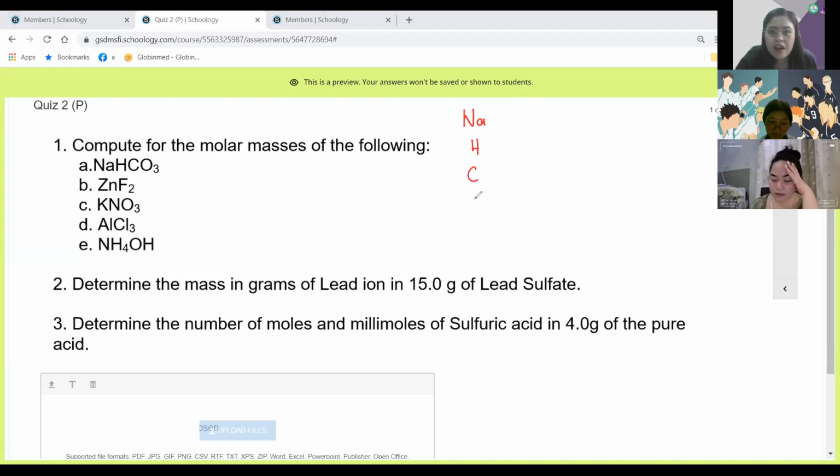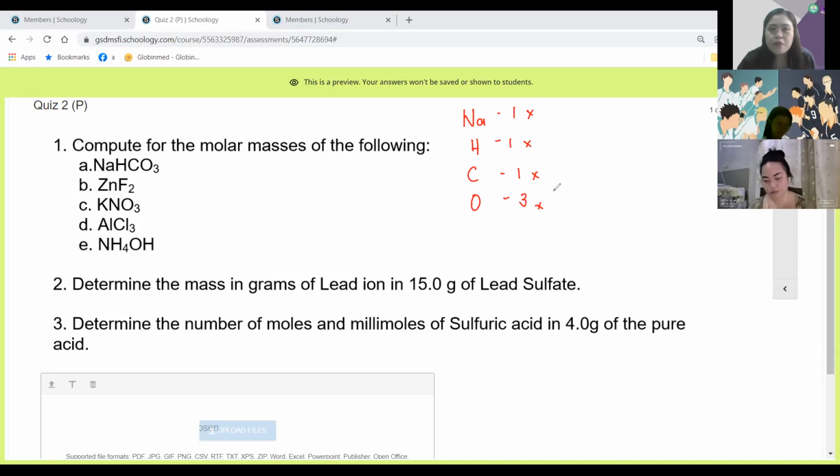So you have sodium, hydrogen, carbon, and oxygen. And then for the number of atoms, sodium is only 1. That's also the same with hydrogen, carbon, and for oxygen, we have 3 atoms. So do not forget that you can identify the number of atoms based on the subscript in the chemical formula.